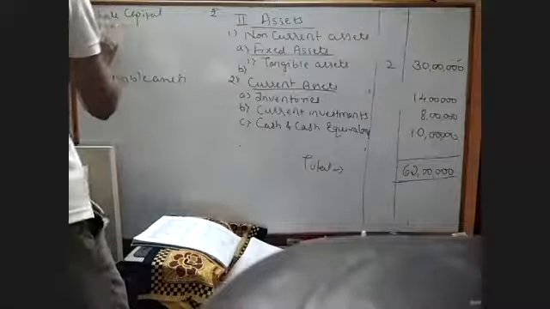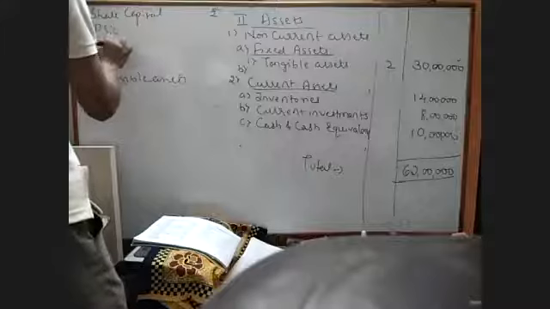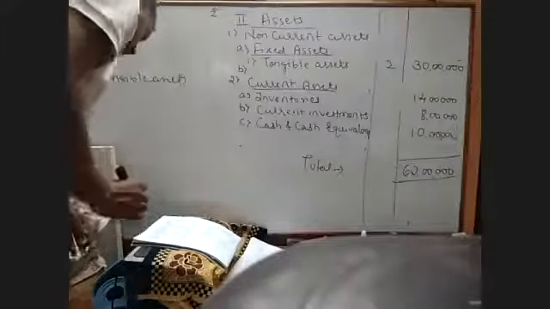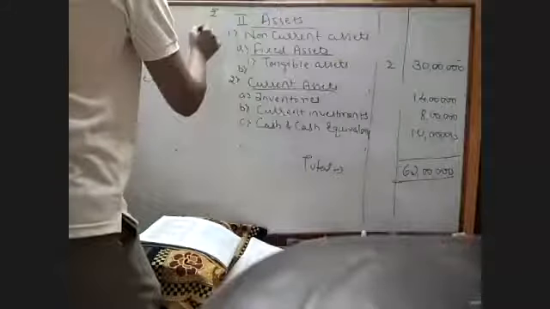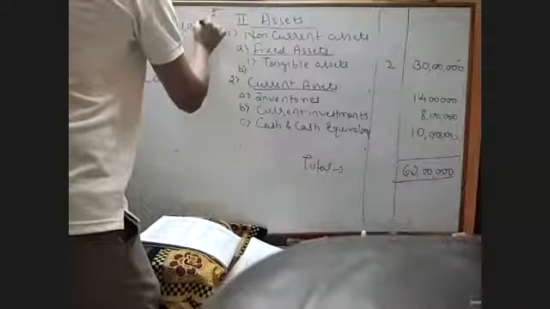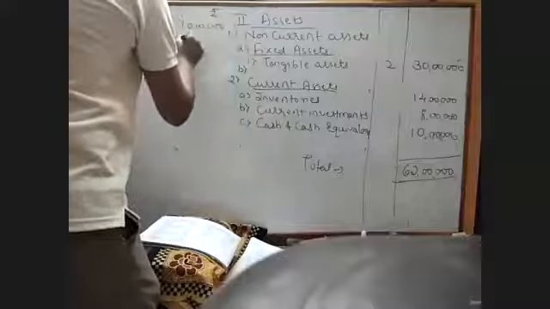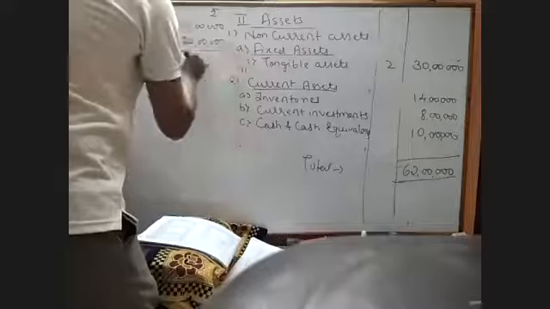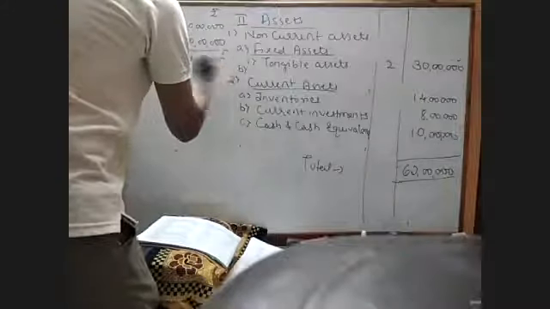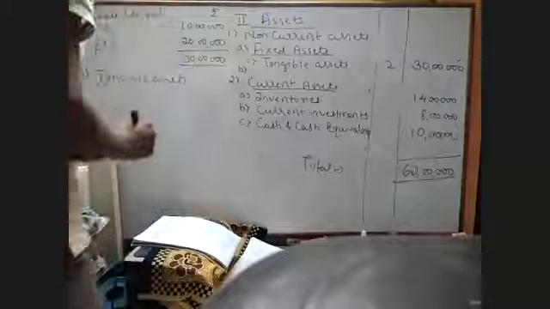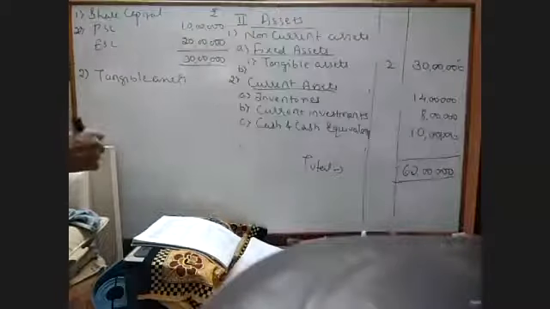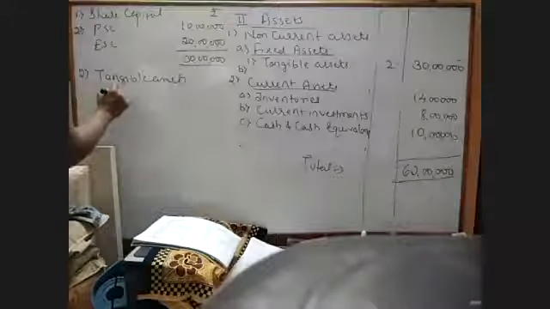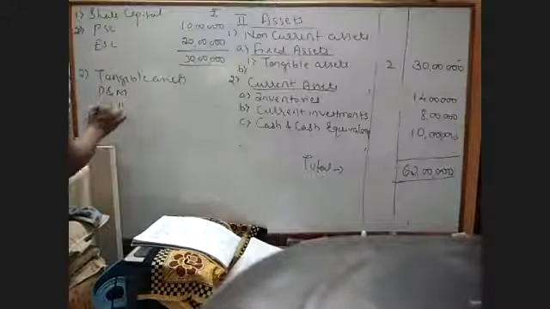First, you have to take preference share capital, then you have to take equity share capital. And preference share capital is 10 lakhs, and equity share capital is 20 lakhs. And the total will be 30 lakhs. Okay. And working note number 2 will be tangible assets. First you have to take plant and machinery. Then next you have to take land and building.